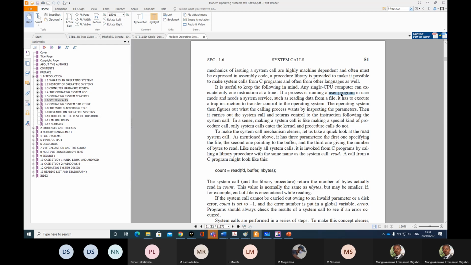Okay, if you were to run it in user mode, running a program in user mode, what does it mean? It means you are trying to do some of the functions that the user of the computer system would have done by means of clicking or using the keypad, etc. But you are trying to do that within your program.